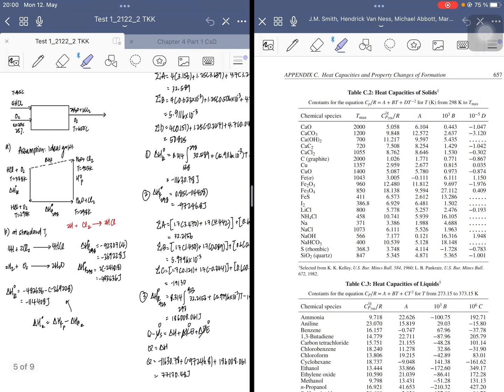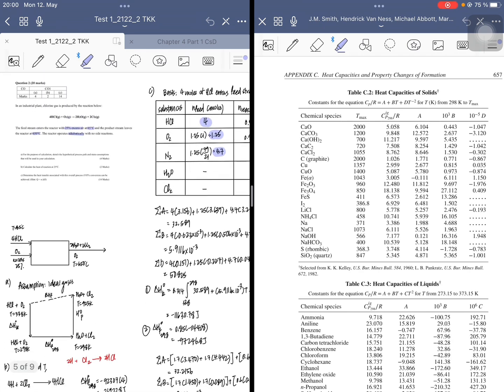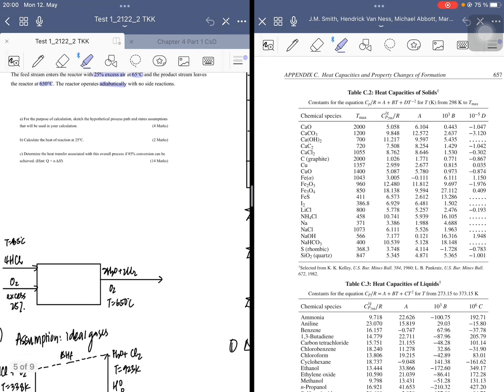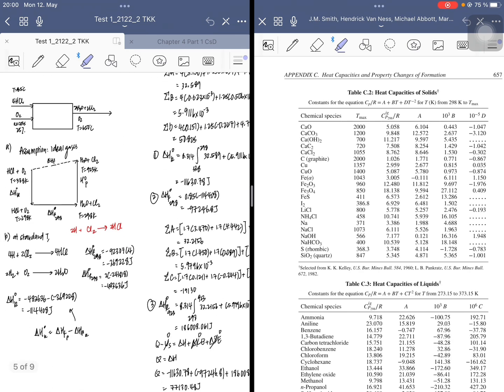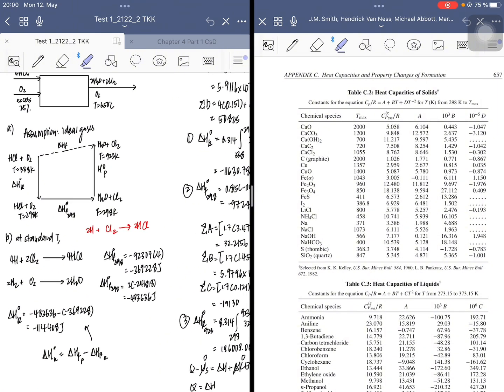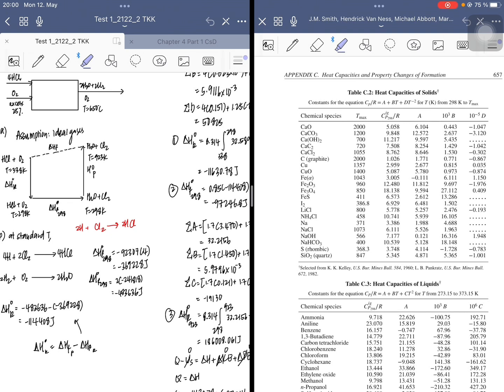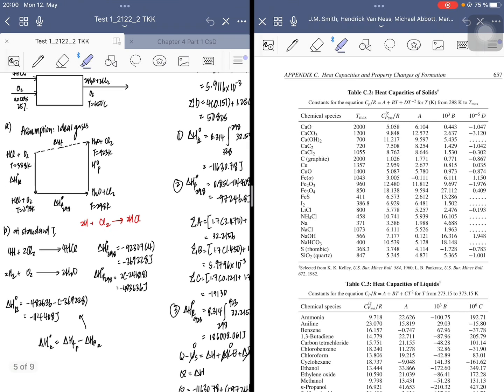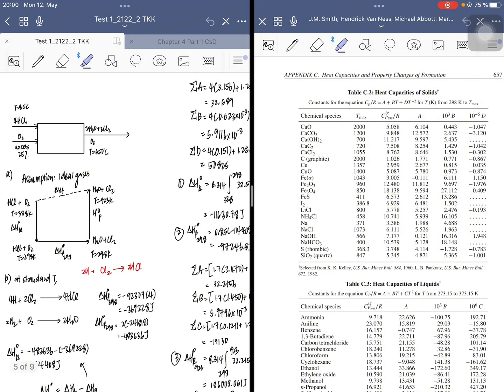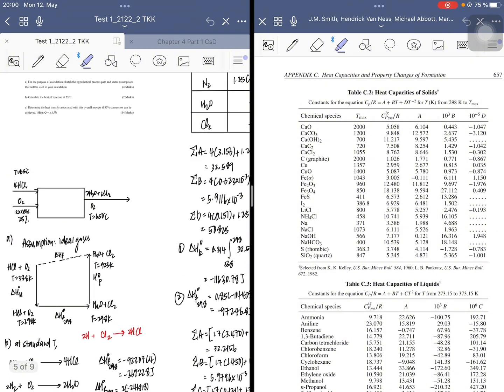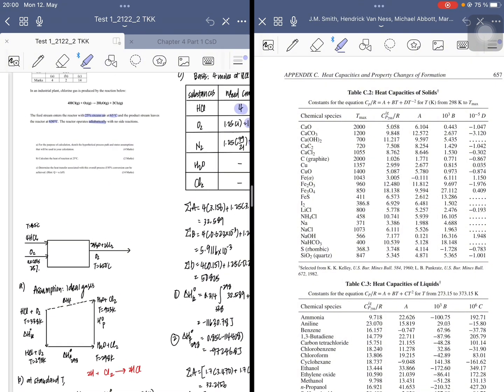And then to calculate the heat of reaction at 25 degrees Celsius, this is pretty simple. For heat of reaction, you have to know the difference between heat of reaction and CPDT. For heat of reaction, using heat of formation, the coefficient that is involved is the stoichiometric coefficient.